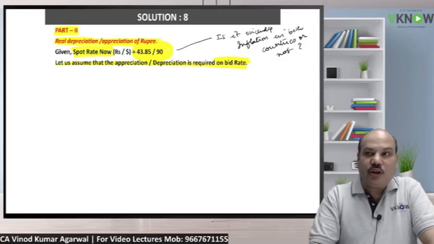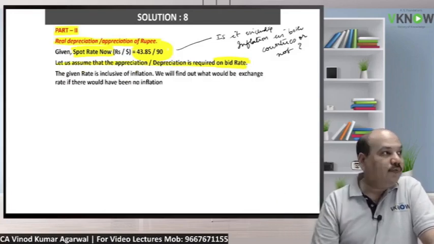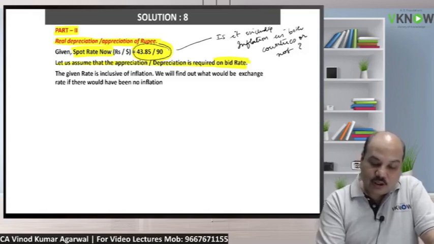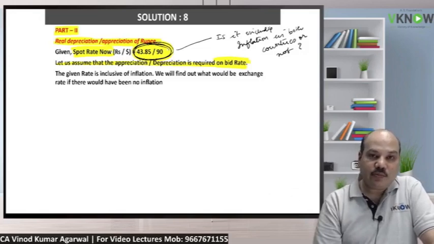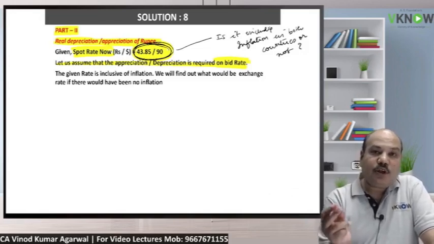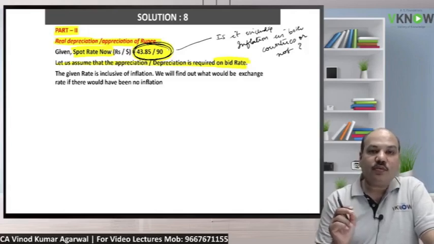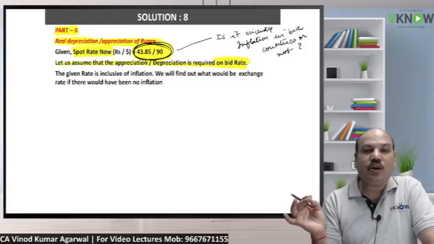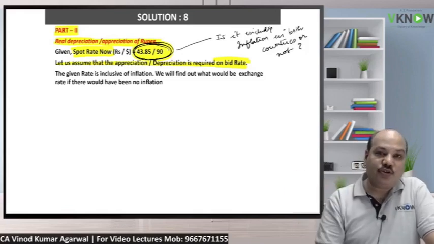The exchange rate given to you is always after considering the effect of inflation. That means the rates have moved keeping in mind the inflation in two countries. So we have to find out, if there was no inflation, suppose inflation is zero in both countries, then what would have been the exchange rate?